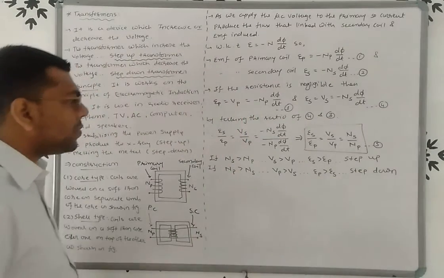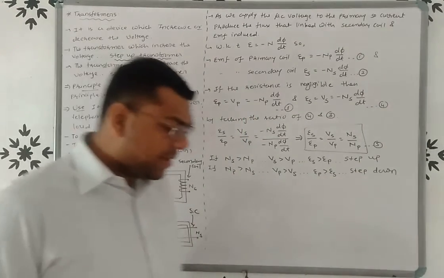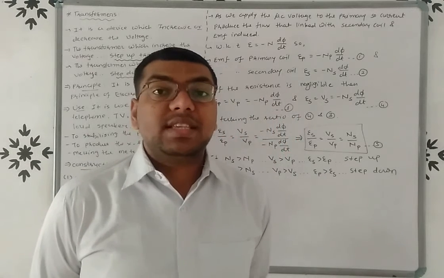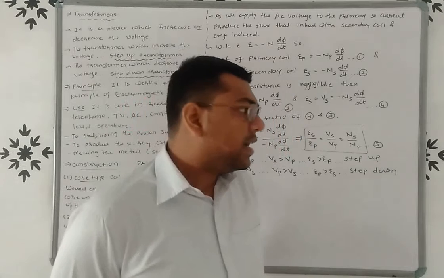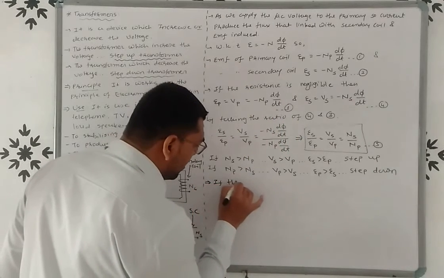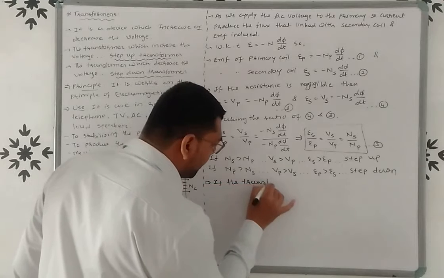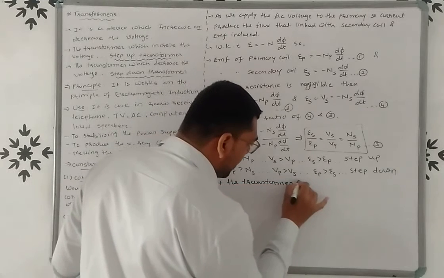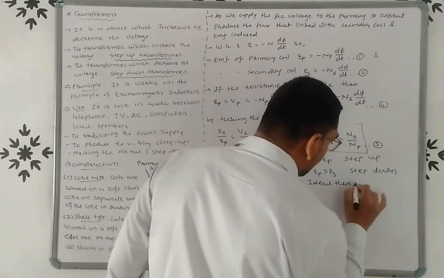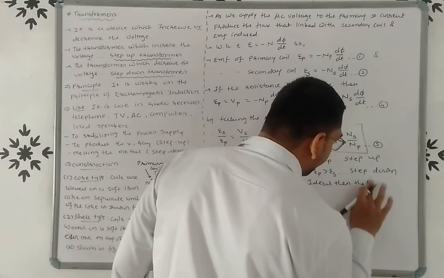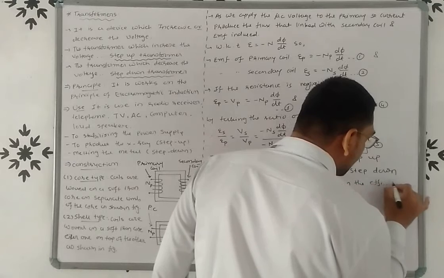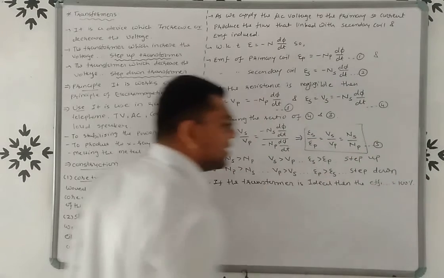Now here if I say the ideal transformer, or we can say there are no losses, right? So if the transformer is ideal, then the efficiency is equal to 100%, right?